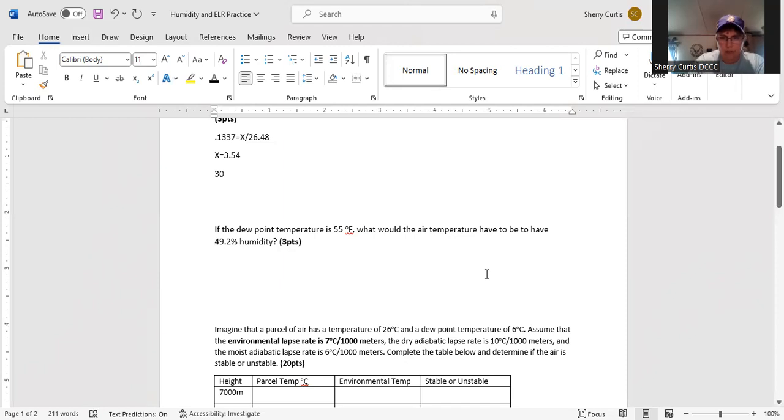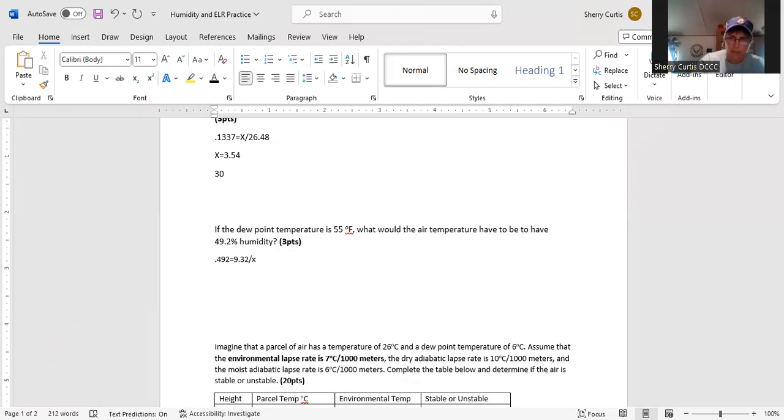So again, I will start by changing my percentage humidity to a decimal, and I set that equal to 55-degree air can hold 9.32 grams per kilogram of water vapor, and I will divide that by X. Now, when I cross multiply and divide, I get 0.492 X equaling 9.32.